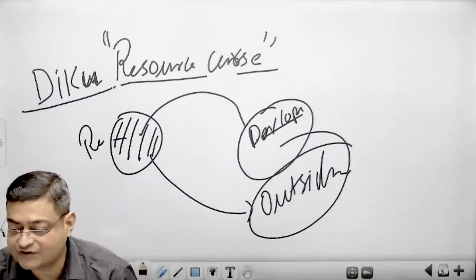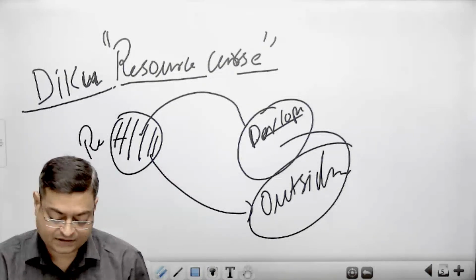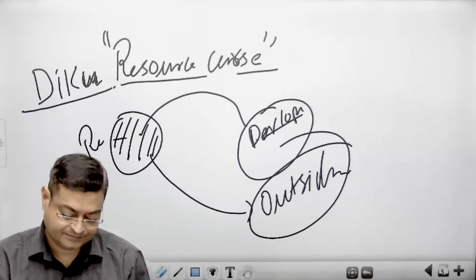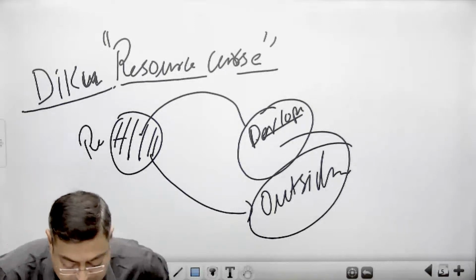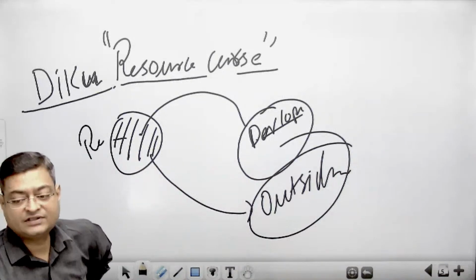Where was I making you write, what was the line? It is a resource curse. Benefits are not being utilized and major income is being earned by the outsiders.